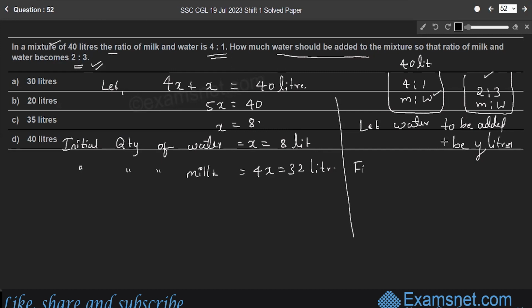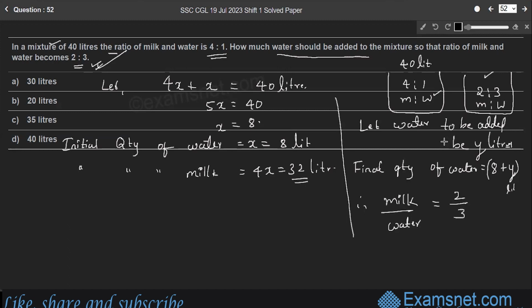When water is added, the final quantity of water becomes the initial quantity 8 plus y liters, and the final quantity of milk will be the same, which is 32 liters, right? Therefore the ratio of milk to water is given, which is 2:3, right?